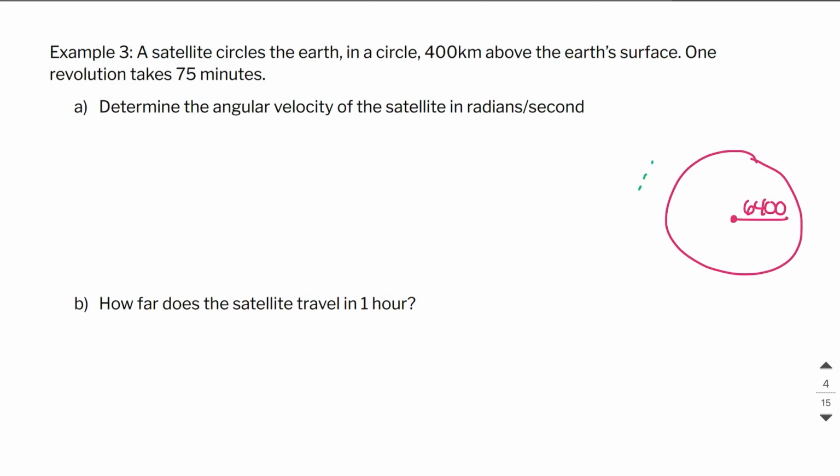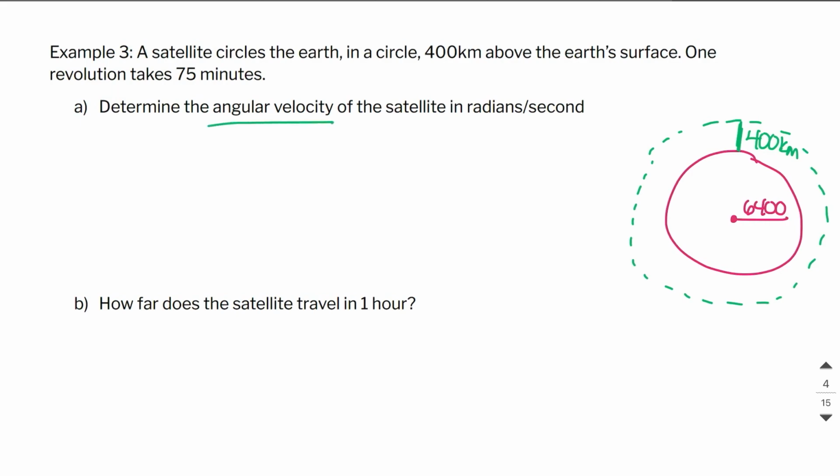Then we have a satellite that's going around it, still in a circle. Pretend like this is a circle right here. This is always going to be 400 kilometers outside of the Earth's radius, and it takes 75 minutes to complete a full revolution.